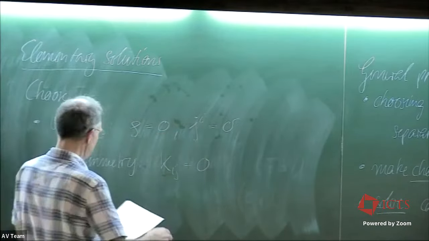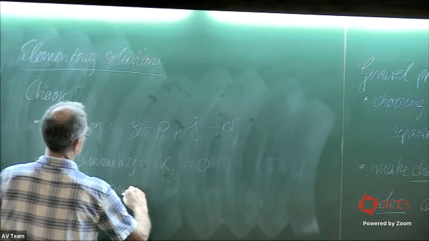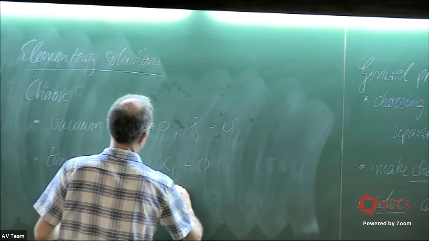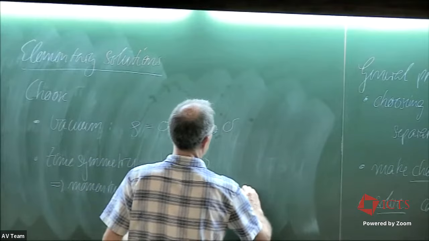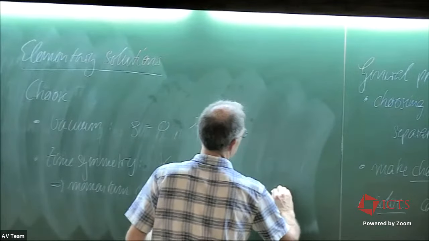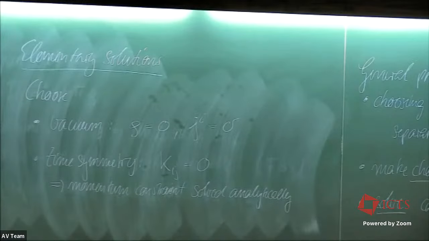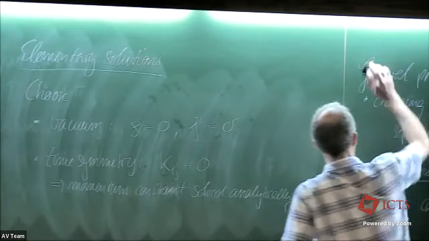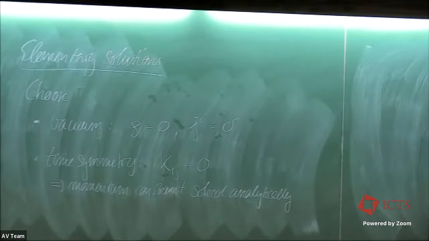So the momentum constraint is solved analytically. What we still need to make a choice for is the conformally related metric, and in order to keep this simple, we will choose the conformally related metric to be flat.